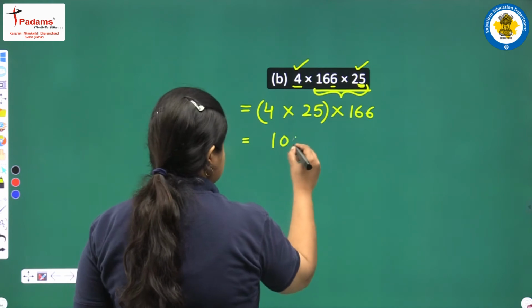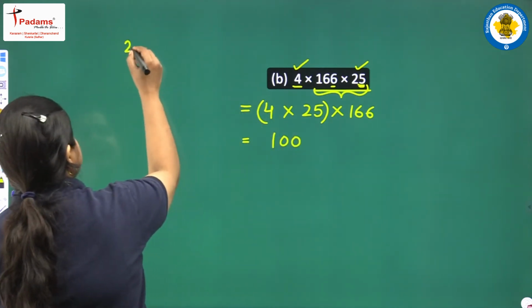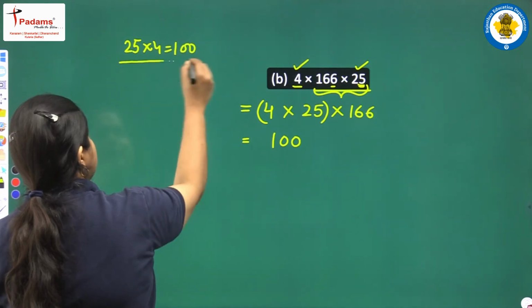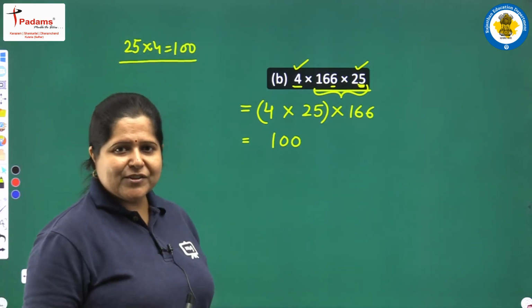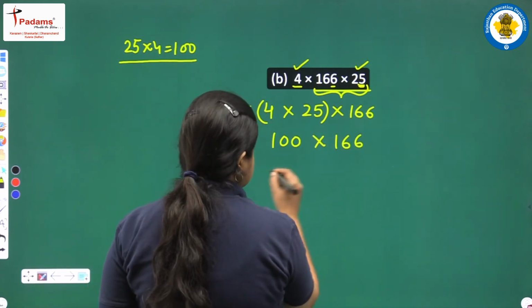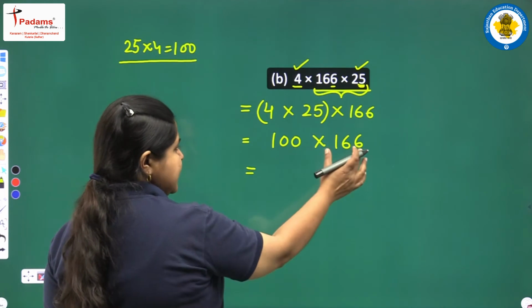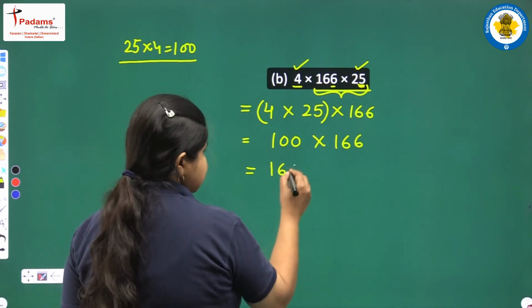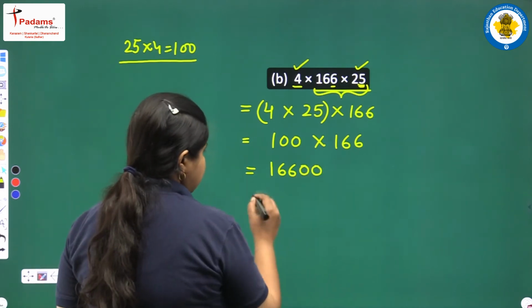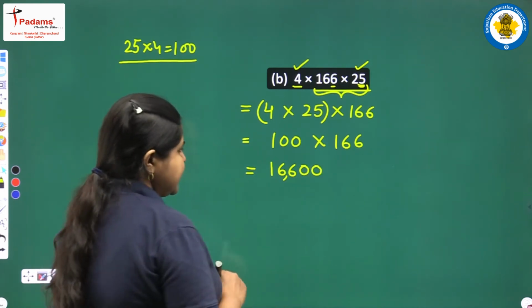Always remember this. Keep in your mind 25 into 4 is 100. It will be always helpful to you while doing some calculations. Now into 166. Again 166 into 1 is 166, and write up the two zeros in the last. Then we have the answer 16,600.